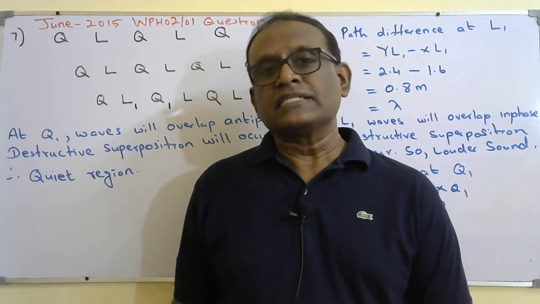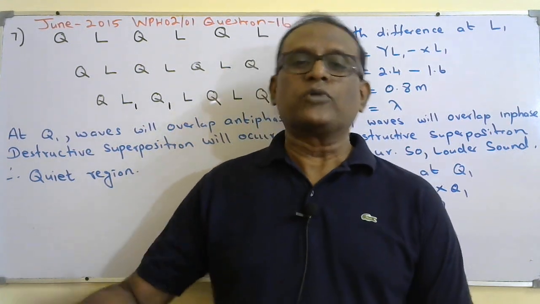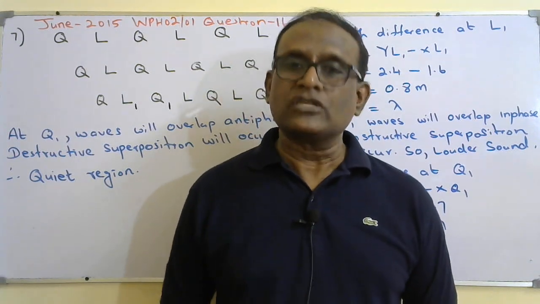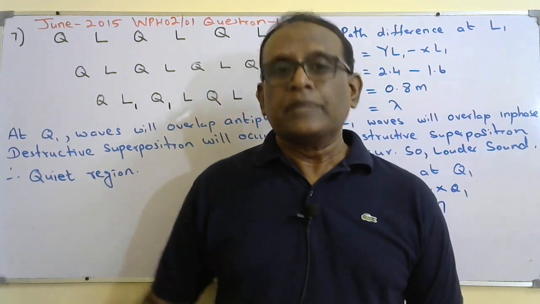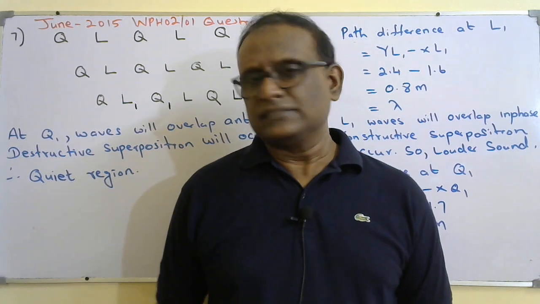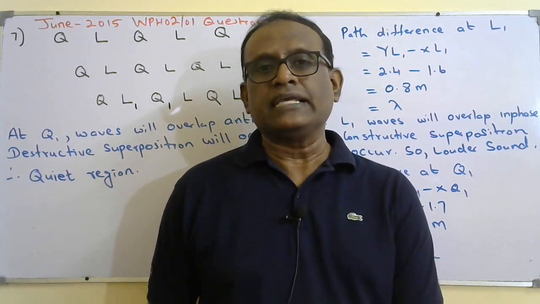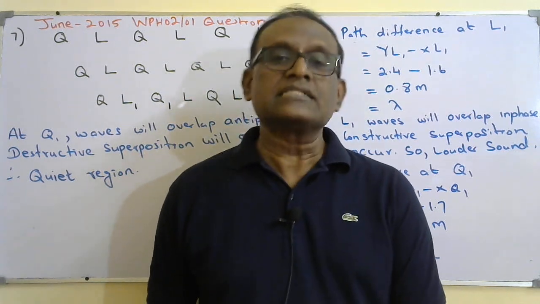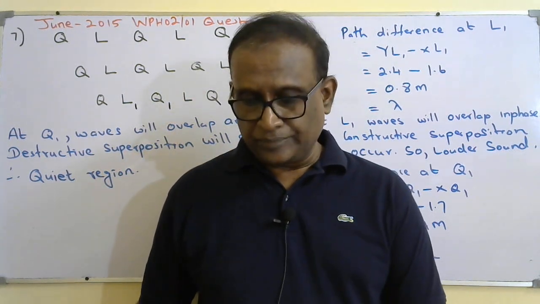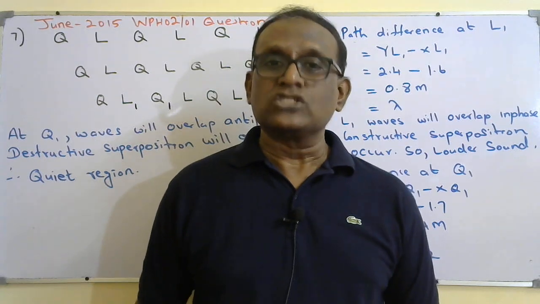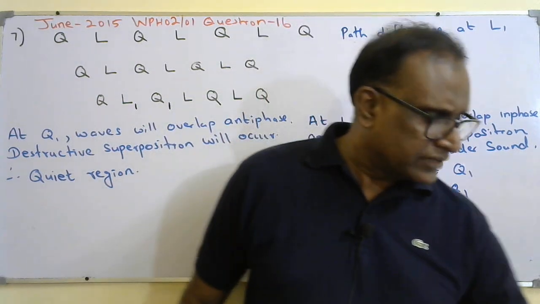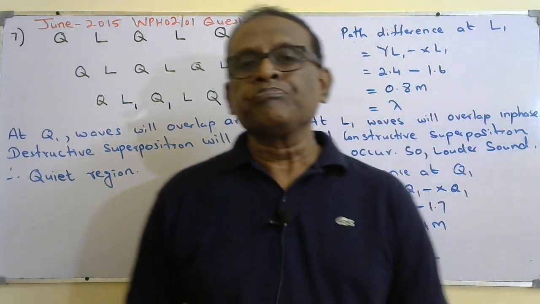If the path difference is an integer multiple of lambda, constructive superposition will occur, the waves will overlap in phase, so the amplitude will be larger. You can see the same type of answers in all explanation questions on superposition. So I hope this is enough for superposition.